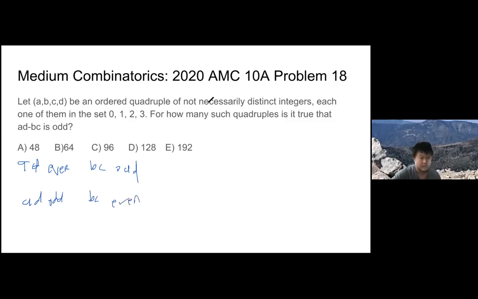Now, can you do casework on each of these? Okay, so Caden said it should probably be 4 factorial, but keep in mind that the numbers are not necessarily distinct. 4 factorial is just the number of ways for them to be distinct.